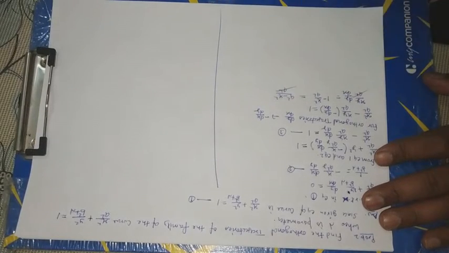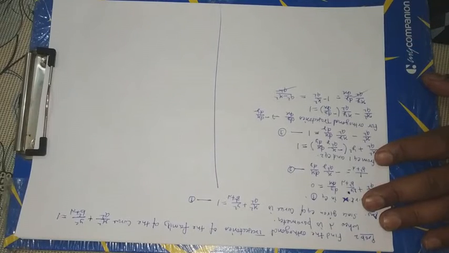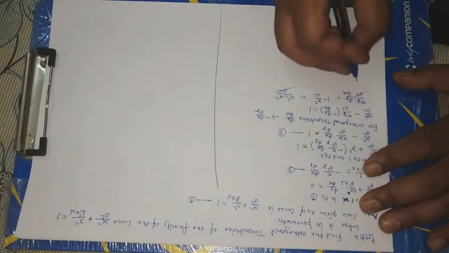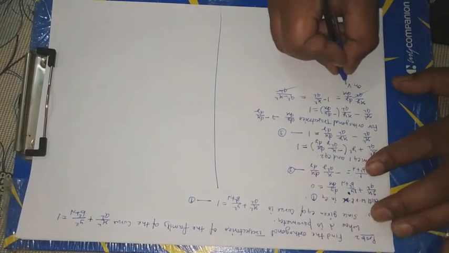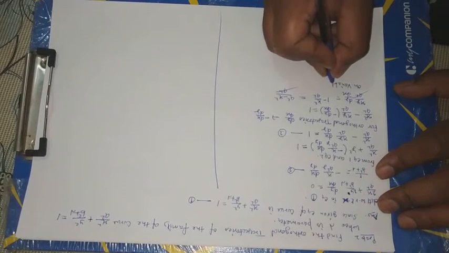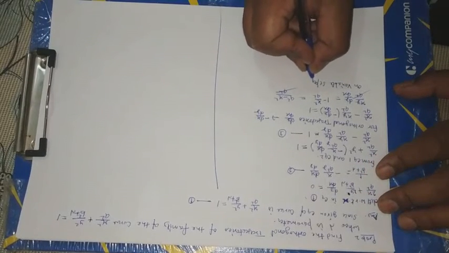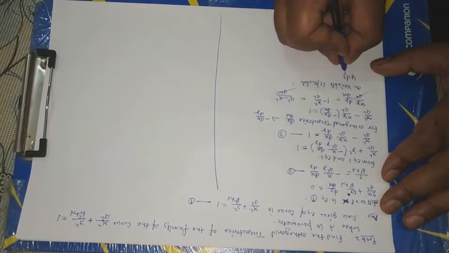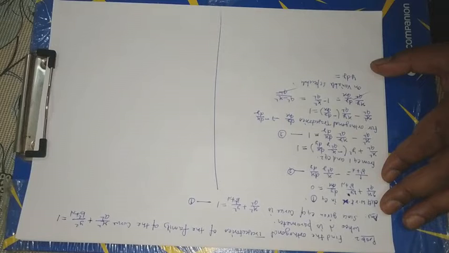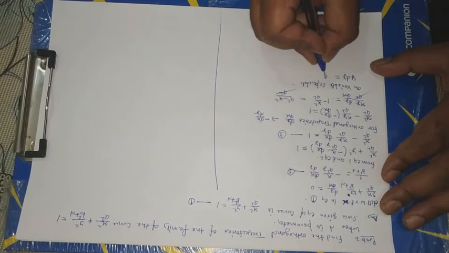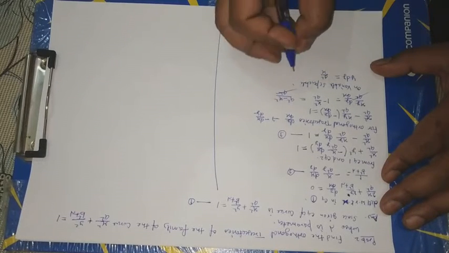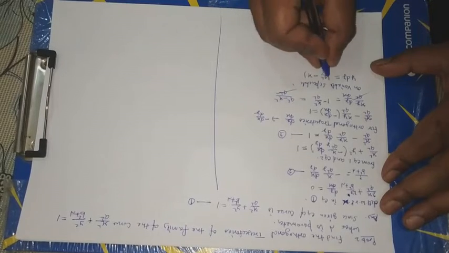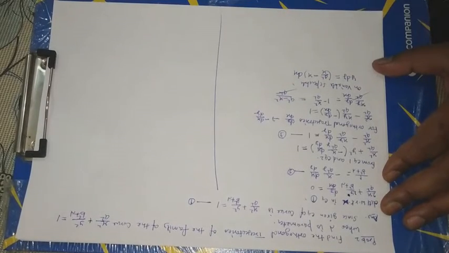This is cancelled by this. On variable separable, y dy equal to a square upon x minus x into dx.